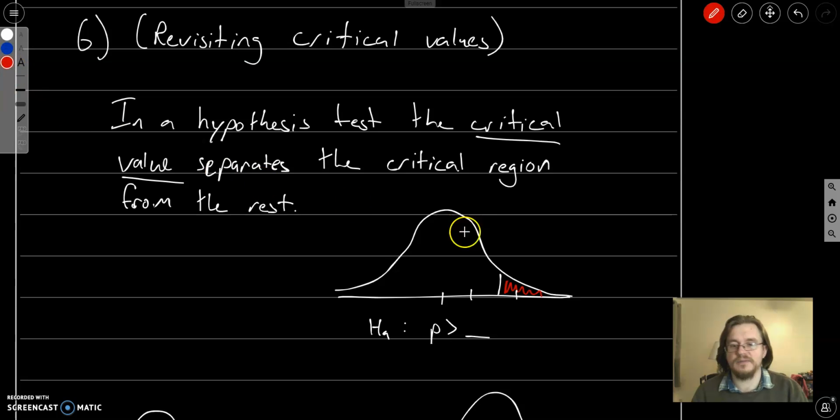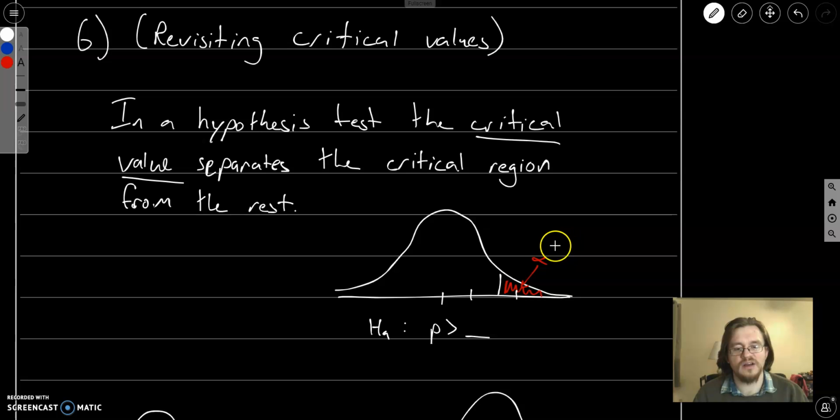And our significance level is going to indicate the amount of area for which our test statistic will be unusual. So if we happen to lie in the critical region, this is going to be considered an unusual value, and we can reject the null hypothesis.